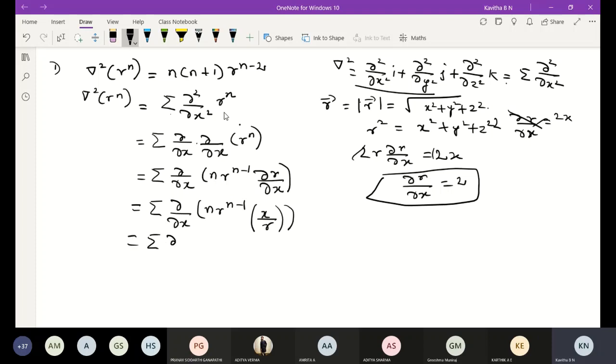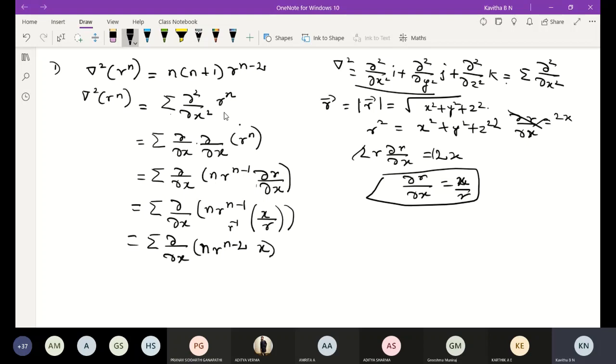Then summation of del by del x, n into, in place of del r by del x we are writing x by r. Means r is shifted to the numerator. What will happen? r to the power of n minus 2. r is shifted to the numerator, it will become r to the power of minus 1. r to the power of n minus 1 minus 1, we are writing r to the power of n minus 2 into x. Okay.